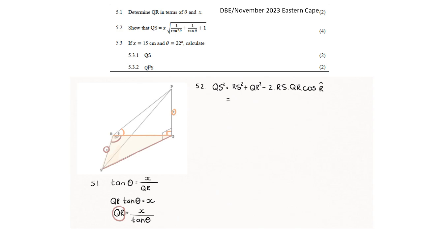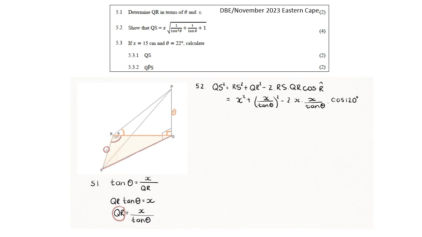We know that RS is x, so this becomes x squared plus QR squared, which is x over tan theta squared, minus 2 times RS, that's x, times QR, that's x over tan theta, times cos of angle R, and that is cos of 120 degrees.